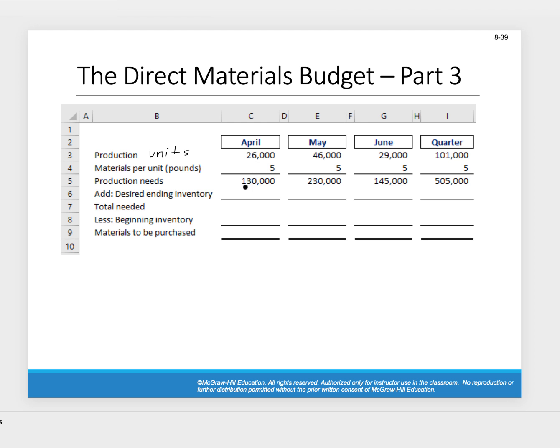So that means that we need to purchase at least 130,000 pounds of this material. But when you think about it, we already started the month with a certain amount of that material on hand, and we need to include the following month's production needs, right? 10% of it.